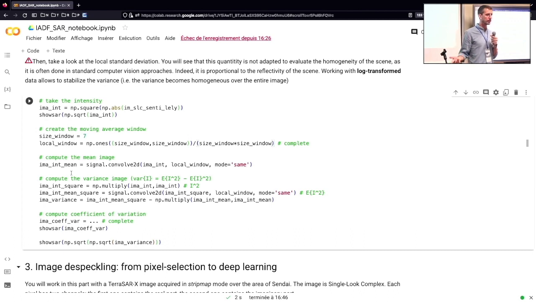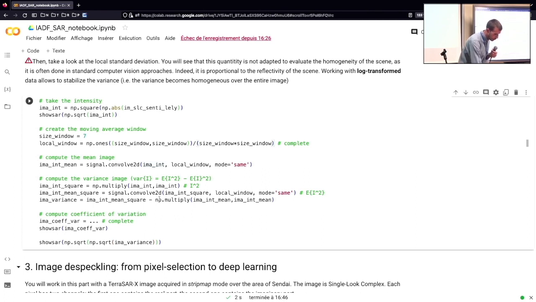If you average pixels in amplitude or in the log domain, you will have a biased estimation of the reflectivity, meaning that you will have a correction to apply. You are not estimating your reflectivity if you average pixels which are not in intensity. So that's why the processing here is done in intensity. So I'm just convolving my intensity image with the filter that I have defined.